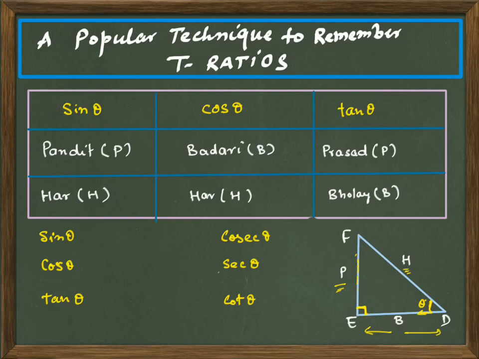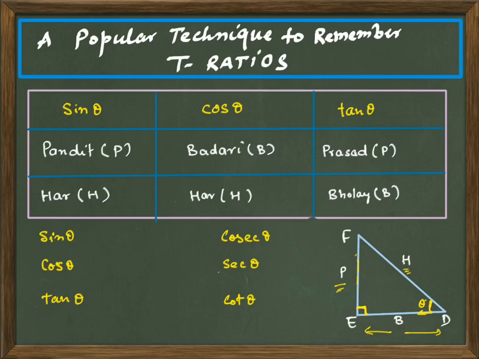So this is the table that I have created here to remember the sine, cos, and tan values easily. And we know that if you know the sine theta, cos theta, tan theta values, easily we can find out the cot, sec, and cosec theta. So we will see in the table how to write.